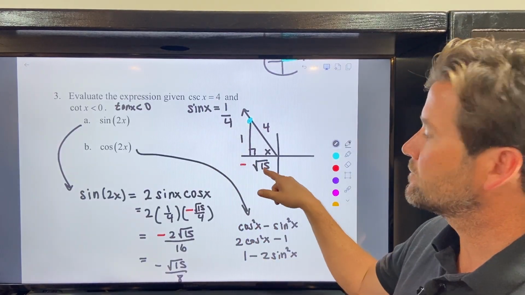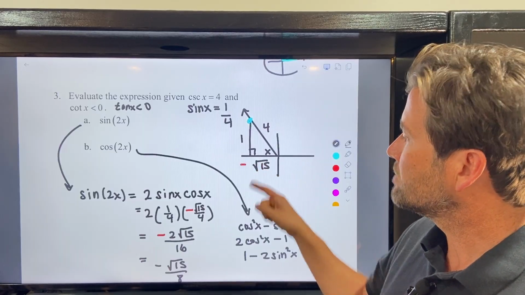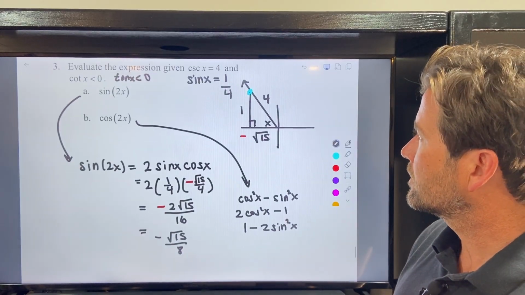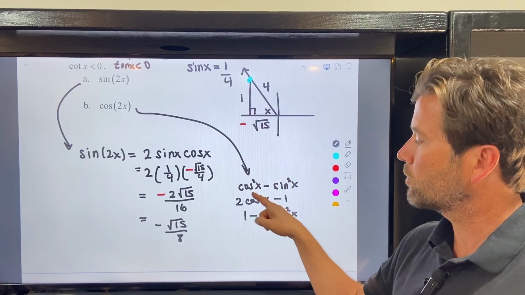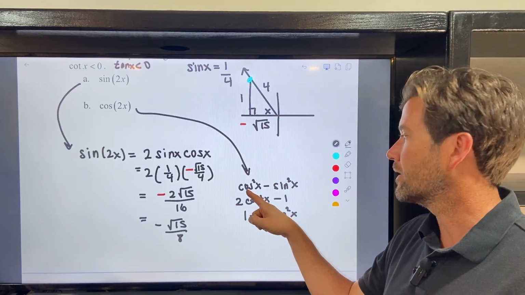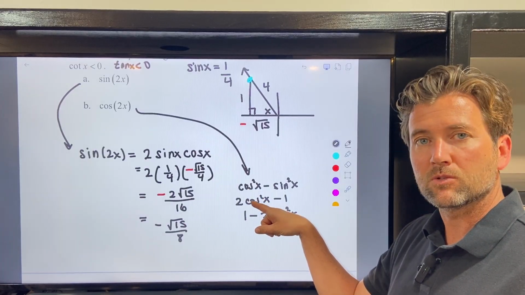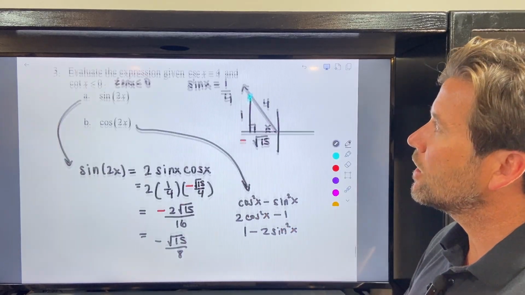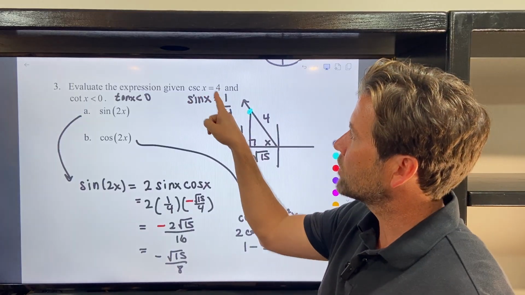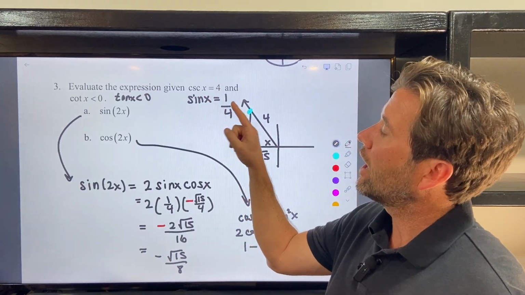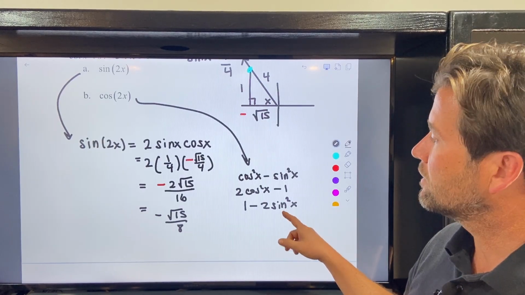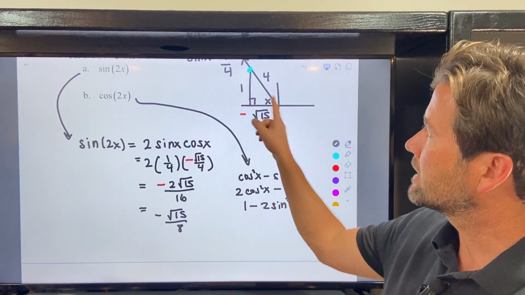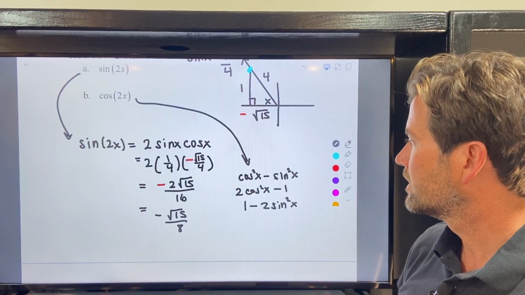Some people found this value incorrectly, which means you're going to have cosine incorrect if you have this number wrong, which means if you use this formula here, that term will be wrong. If you use this formula, that term is wrong. But because cosecant of x was given, and I don't think I screwed this up, I am going to use this one right here to avoid any user error if I happen to make a mistake in doing this triangle.